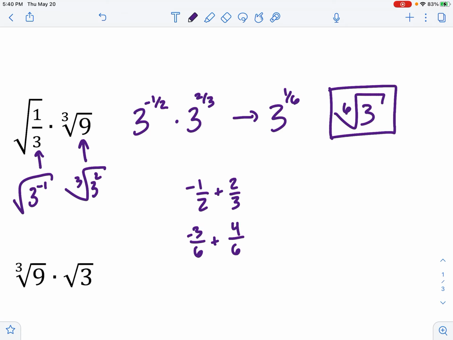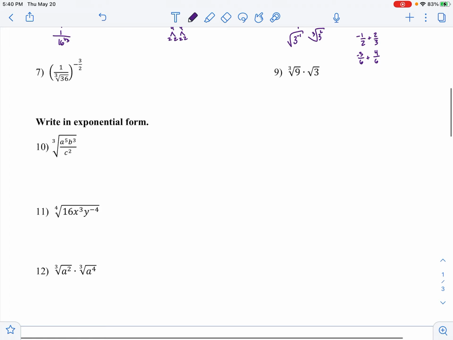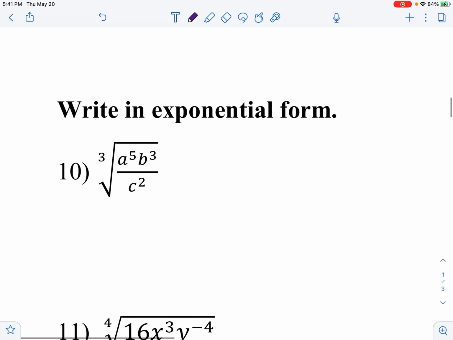All right, let's do just a couple more with some variables in here. Let's start with, why don't we do number 10? Number 10 here, I have everything under my cube root, which means I have my whole parentheses to the 1/3 power.